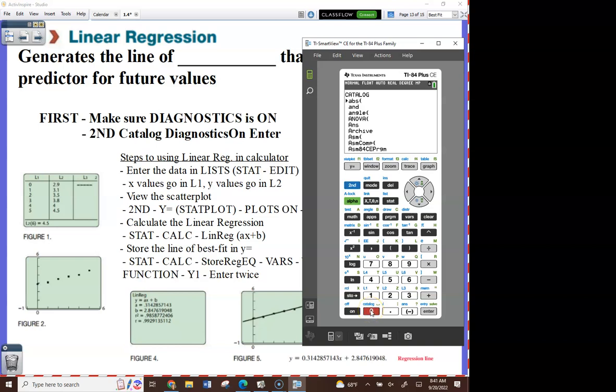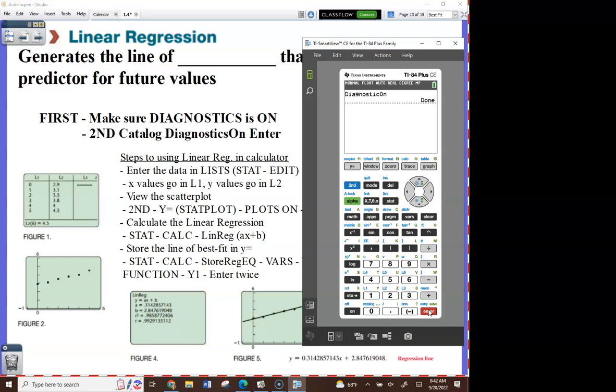And then it helps if you push the button that has a D above it, which is right here, because it'll jump to the D's. And then scroll until you see diagnostics on. Turn it on. Now, I will walk you through that before we take this exam, so that you don't have to memorize that. All right, your diagnostics is on.